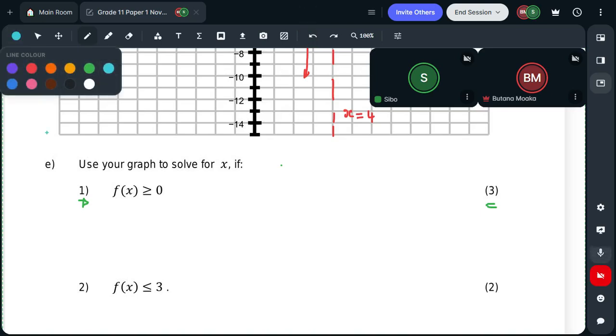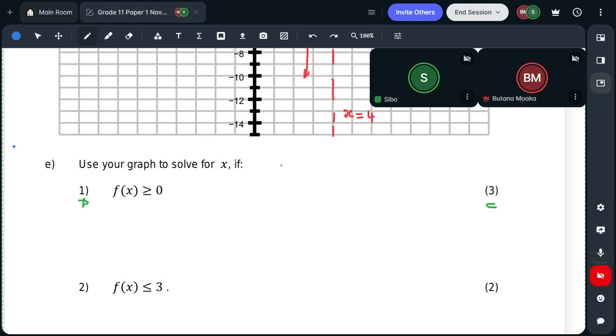What they are asking is that they want you to tell them where f(x) is greater than 0, which means above the x-axis.